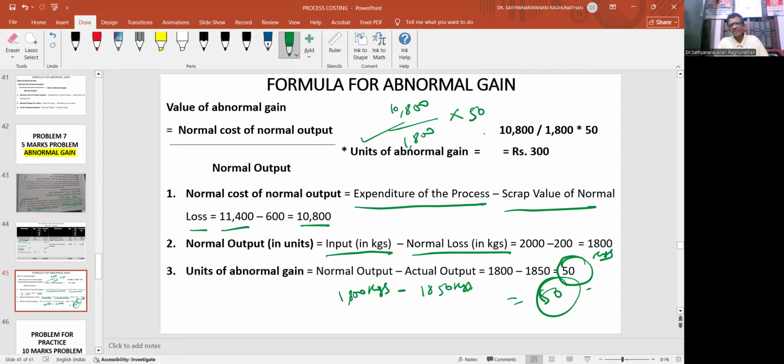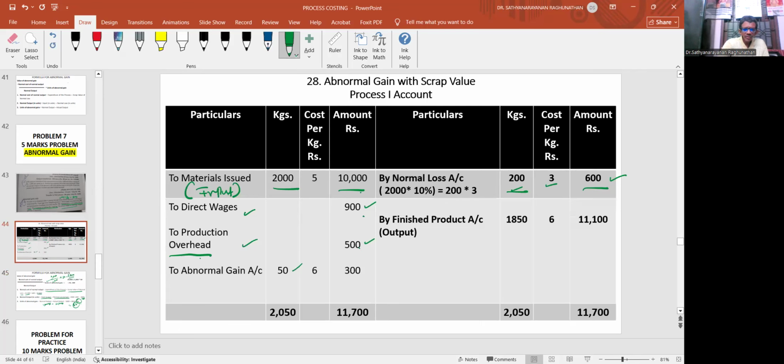In the Morgan publication textbooks they have given minus here. You don't confuse yourself. Okay. So 10,800 divided by 1,800 into 50. Use the calculator. You will arrive at 300. Okay, 300 you have to put in the amount column. 300 divided by 50, 6 is the cost per kg.